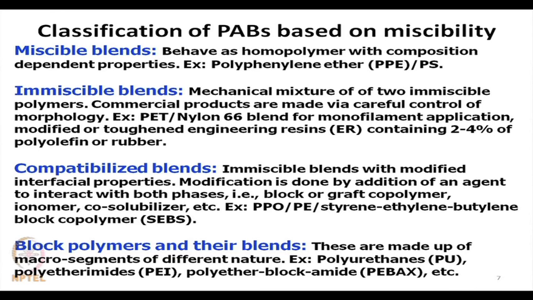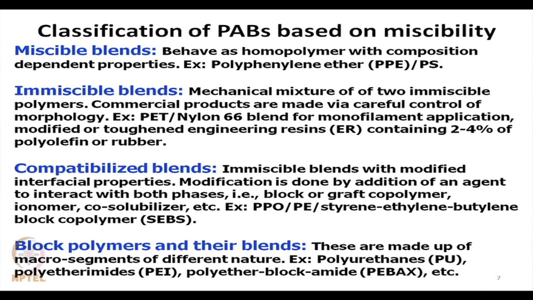Here we must understand that the two component polymers are not miscible, and we are blending, mixing them, and the product formed is known as an immiscible blend. So, a mechanical mixture of two immiscible polymers, and commercial products are made via careful control of morphology.